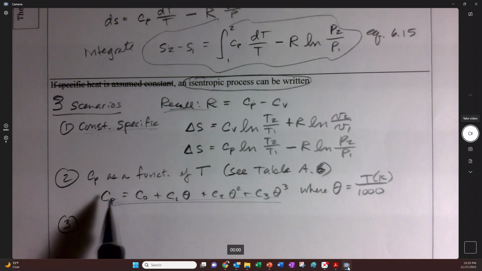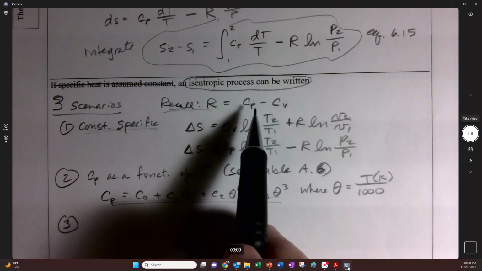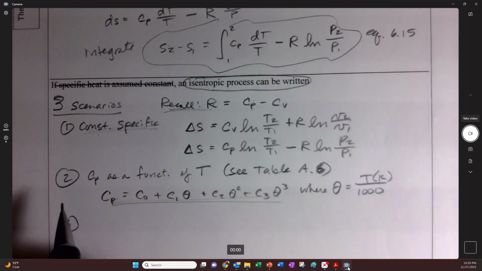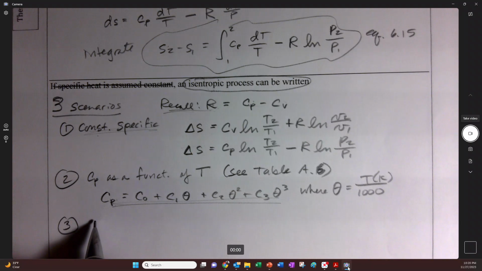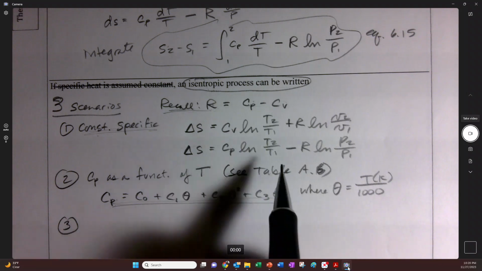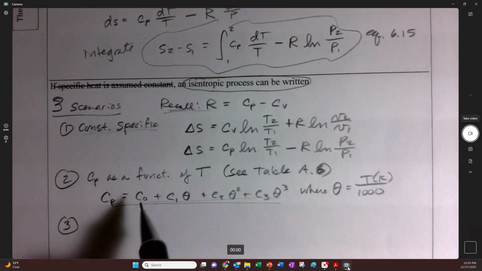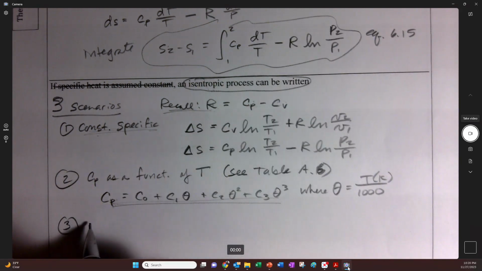And recognize that we could also find a variation of that by taking R and subtracting it from this to get the Cv instead.